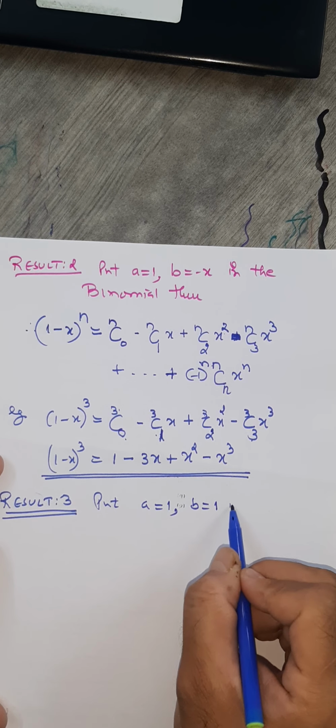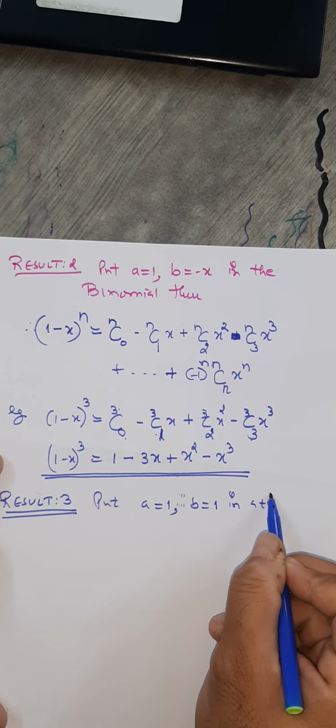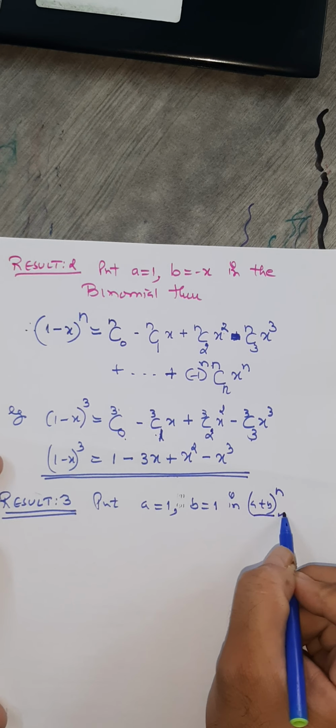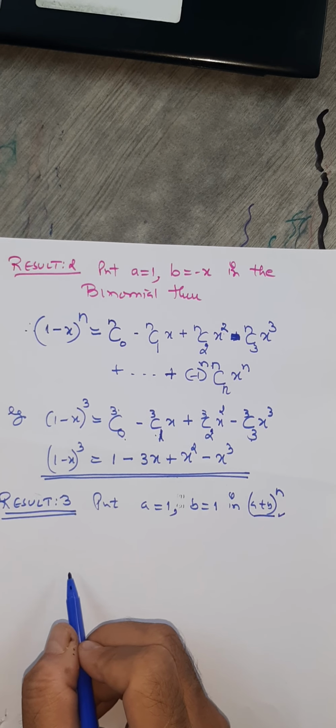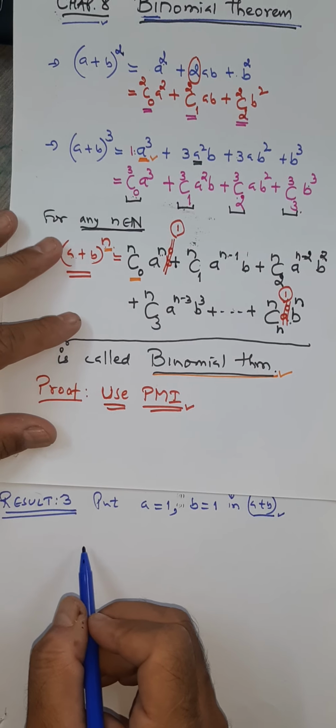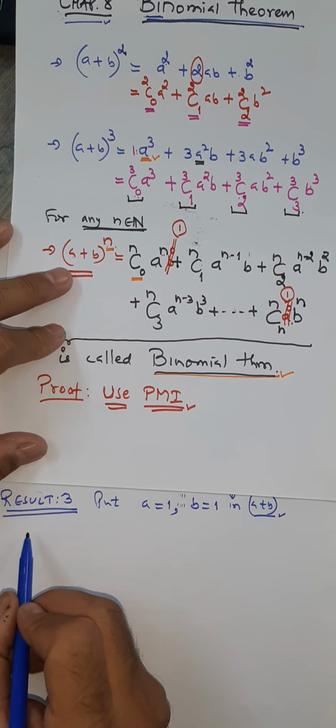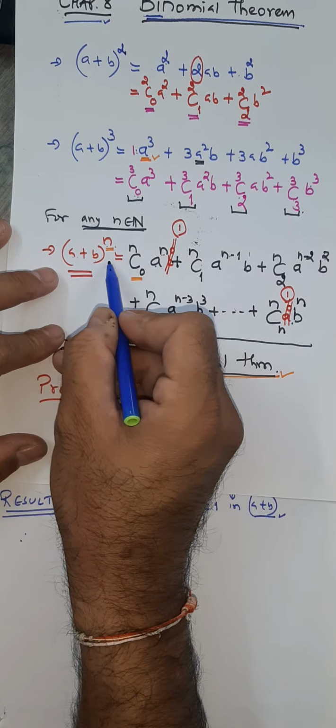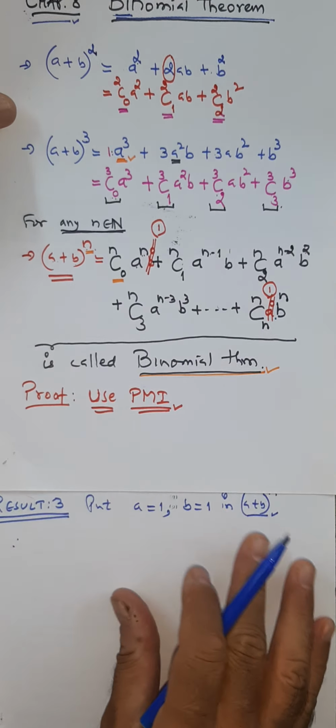A, b are equal and 1 in a plus b the whole raised to n in this expansion. So what we'll get? If I put a, b equals to 1, what is the left hand side? 1 plus 1 the whole raised to n. So it will be just 2 raised to n.